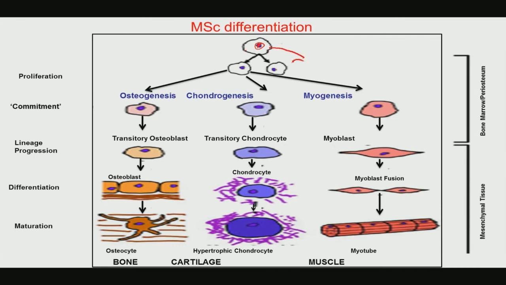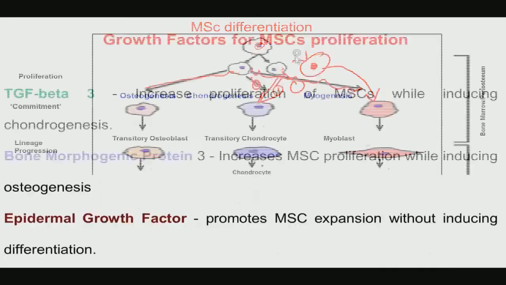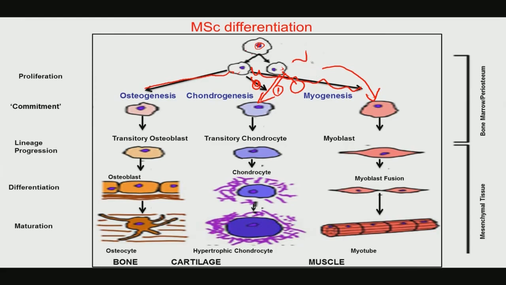Here I can draw another cell, and let us consider this nucleus in blue as the mother stem cell. Now, these are the 3 daughter stem cells here. This is one stem cell, this is one daughter stem cell, this is the second, and from these 2 others, you can produce 2 more.